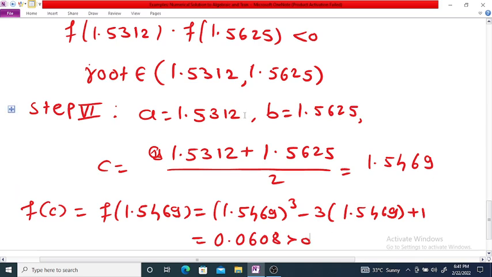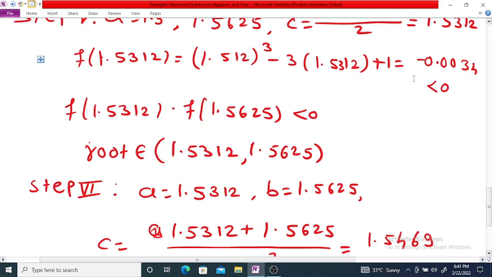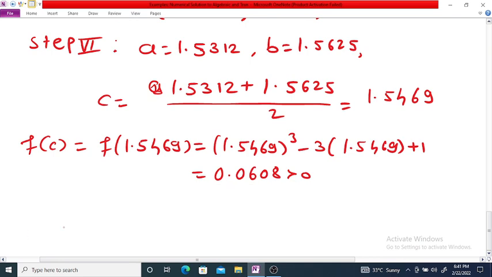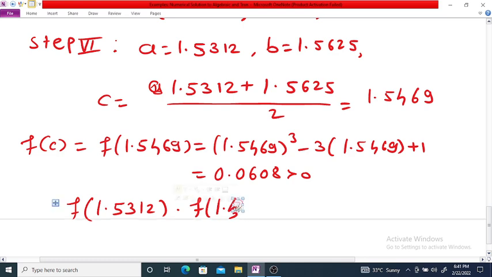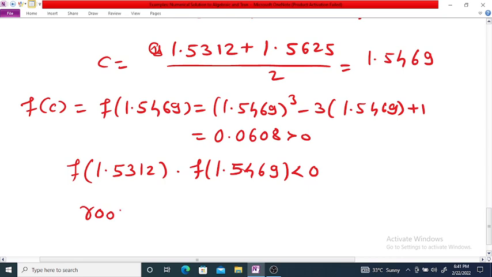So again, in the last interval, from these two, f of 1.5312 is less than 0. So in the last step, f of 1.5312 into f of 1.5469 is less than 0, and therefore for the next interval our root lies in the interval 1.5312 and 1.5469.